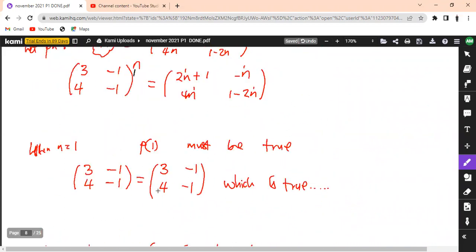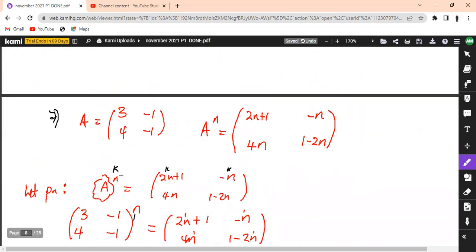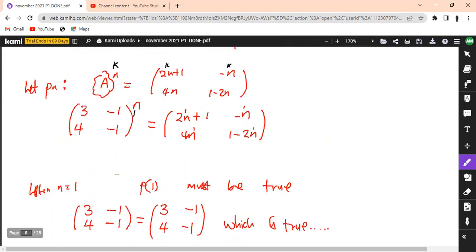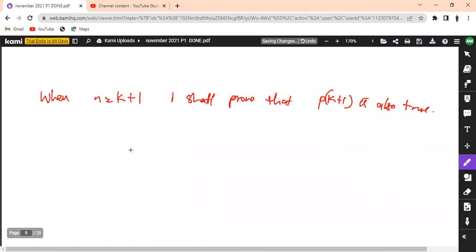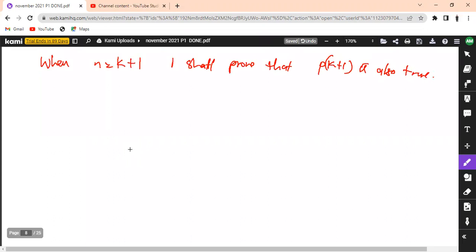So remember guys, our exponent here is now going to be k plus 1. That means we are going to have something of this nature: the matrix 3, minus 1, 4, minus 1, to the exponent of k plus 1.